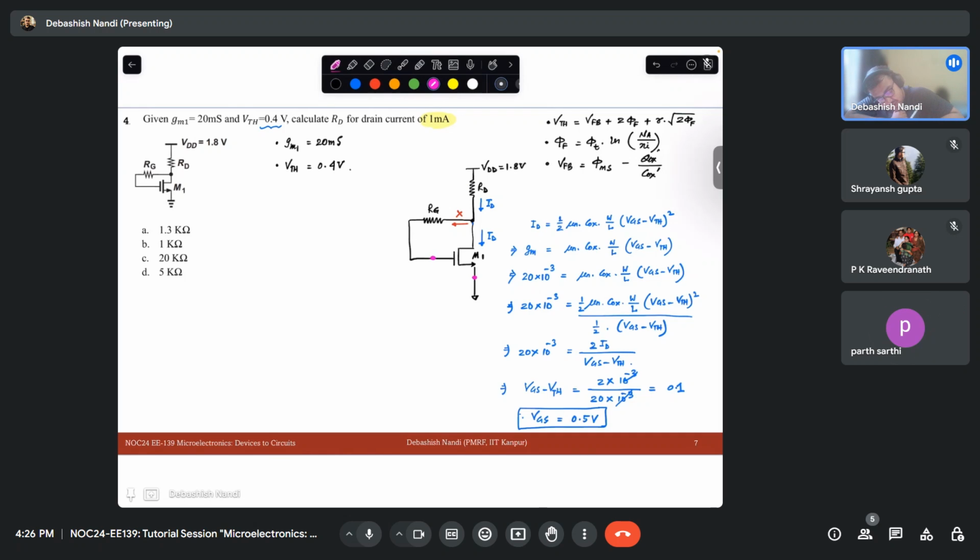So VG will be 0.5 volt. What about this voltage? Let's say this is VD. What is VD?